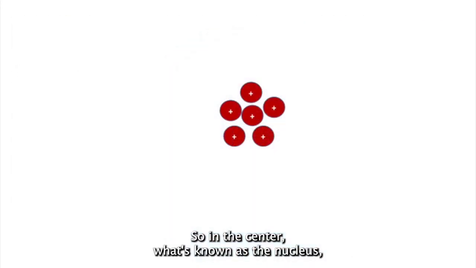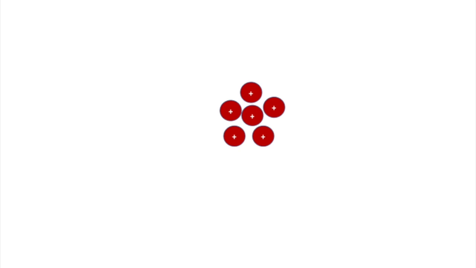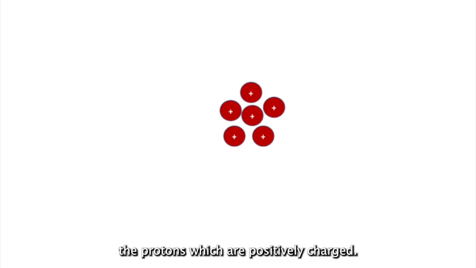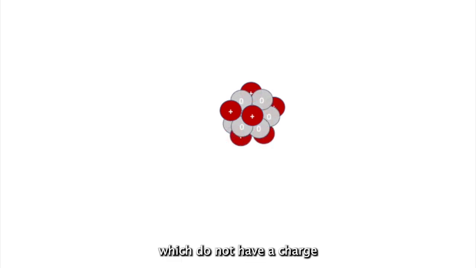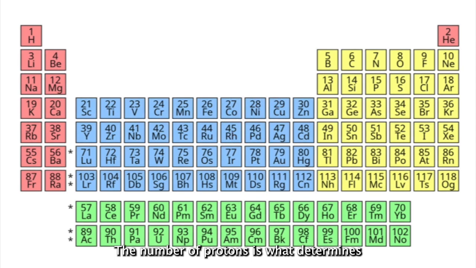So in the center, what's known as the nucleus, the protons, which are positively charged, you can remember the P for positive, they are clustered together with the neutrons, which do not have a charge, into the nucleus.